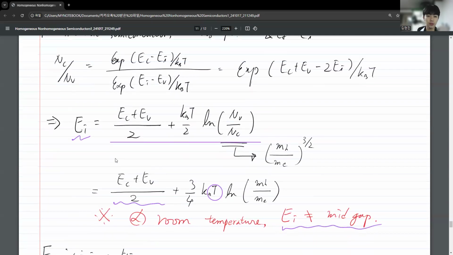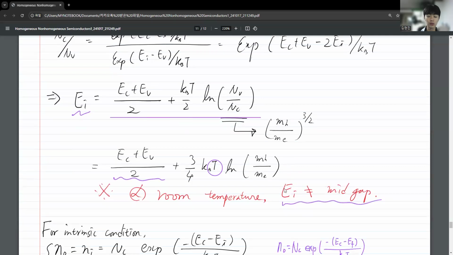The intrinsic energy level equals the midgap energy plus 3/4 kBT times ln of the mass of the hole over the mass of the electron.